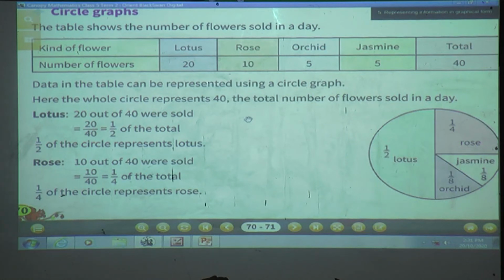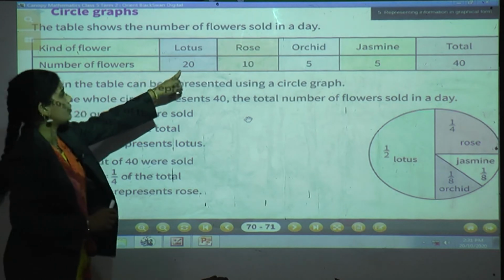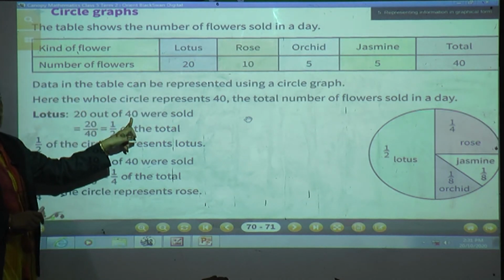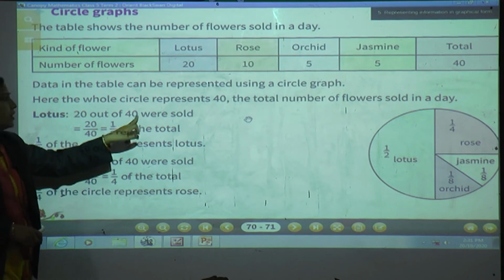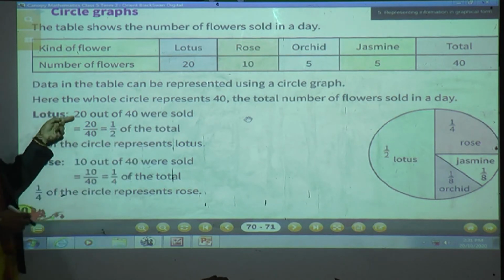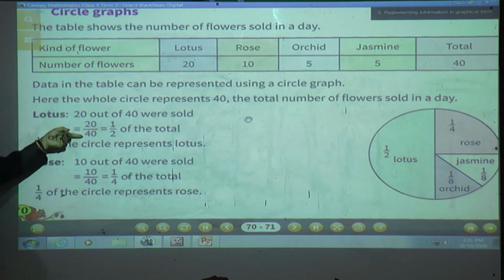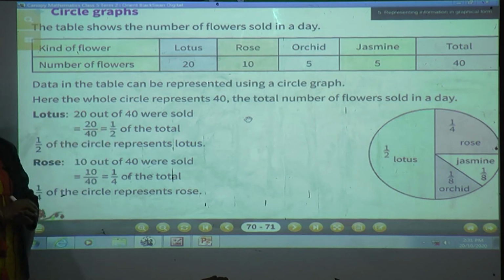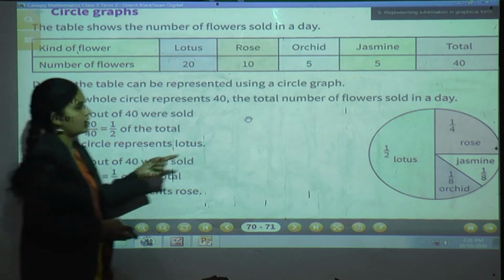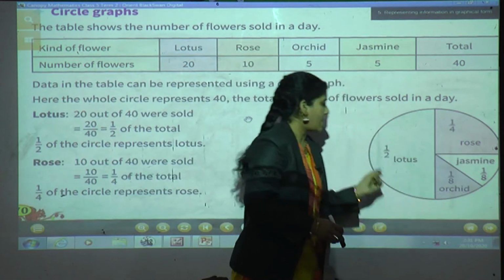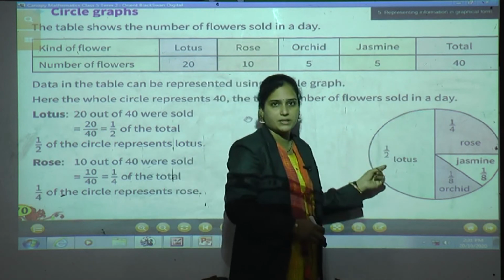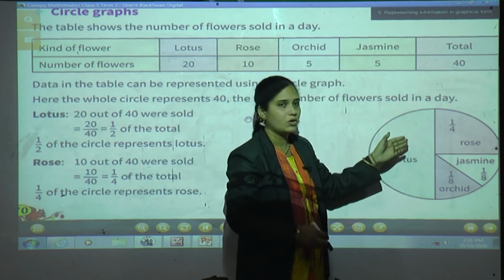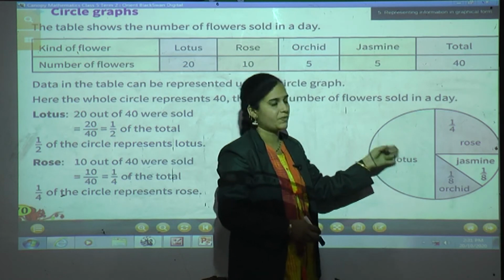Now lotus. How many lotus? 20 lotus. So 20 out of 40. Total number of flowers 40 were sold. That means 20 divided by 40 is equal to 1 upon 2 of the total. So here is a whole circle and 1 upon 2 means, yes students, half. So that's why half of the flowers sold in a day were lotus.